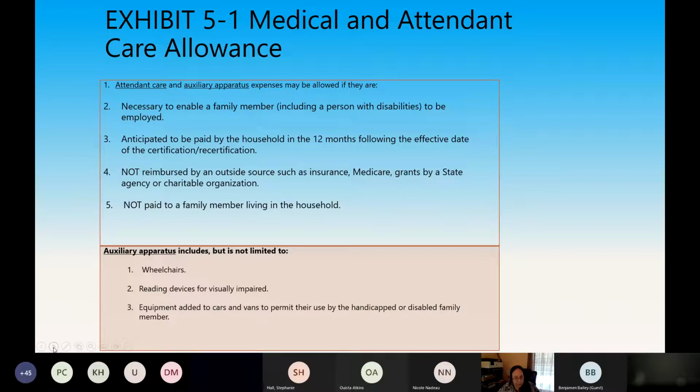They must not be paid to a family member living in the household. Auxiliary apparatus includes, but is not limited to, wheelchairs, reading devices for the visually impaired, and equipment added to cars or vans to permit their use by the handicapped or disabled family member.